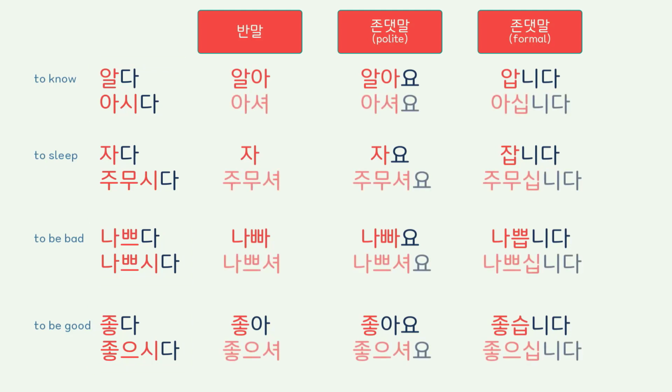Additionally, these honorific forms can be conjugated into casual, polite, and formal forms. The basis of how we use these three forms of honorific verbs is the same as the standard verbs. We will take a look at how we use honorific verbs in more detail later.